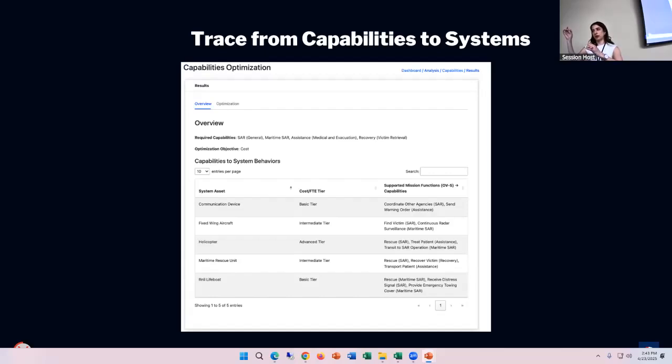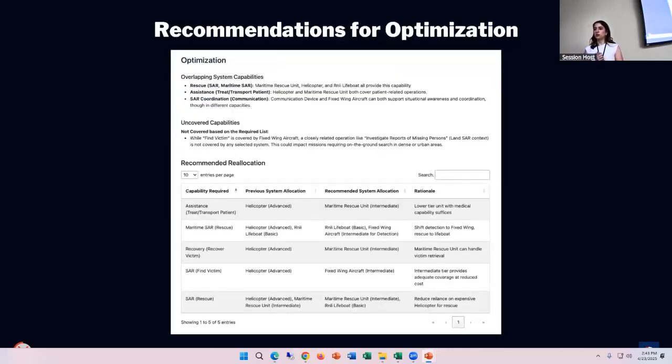So the first part of the tool, in this screenshot here, we're tracing the systems and the capabilities that they cover. And then the second part of the tool is the actual analysis.